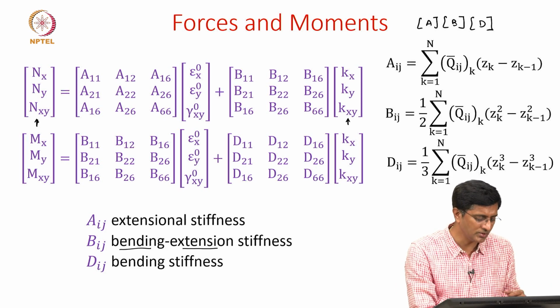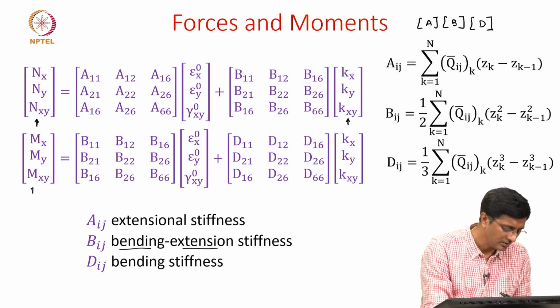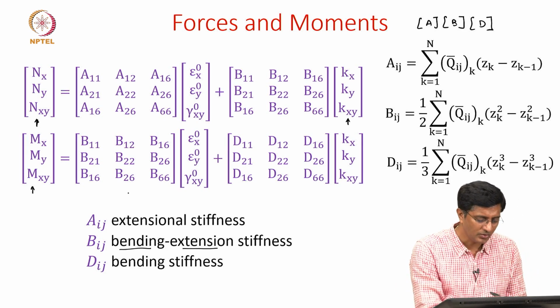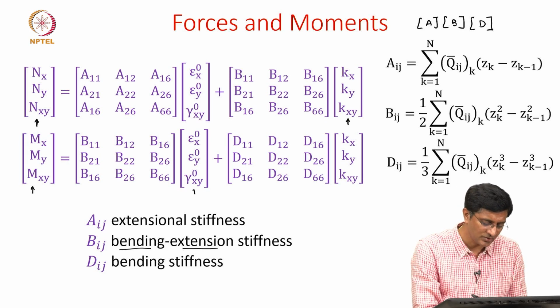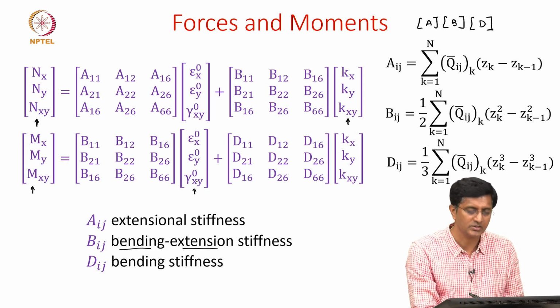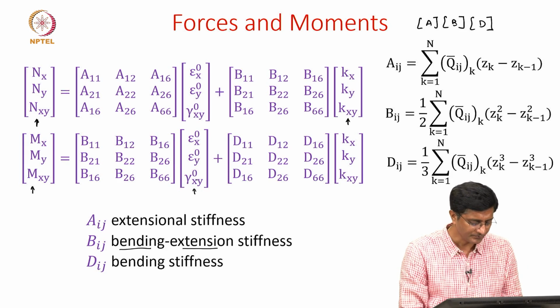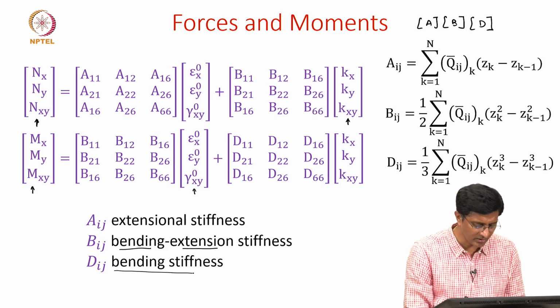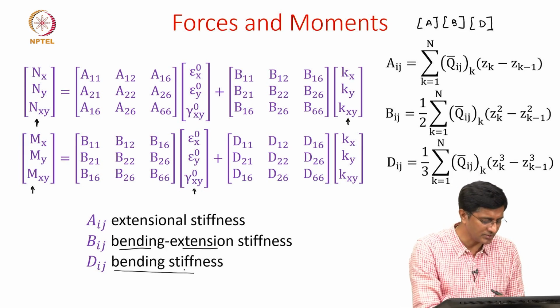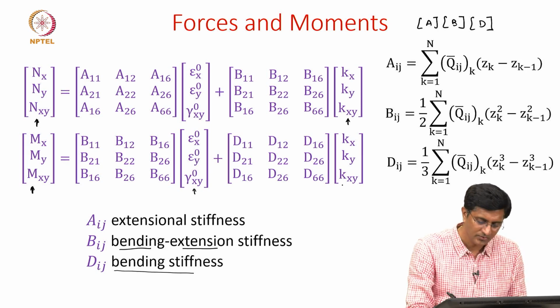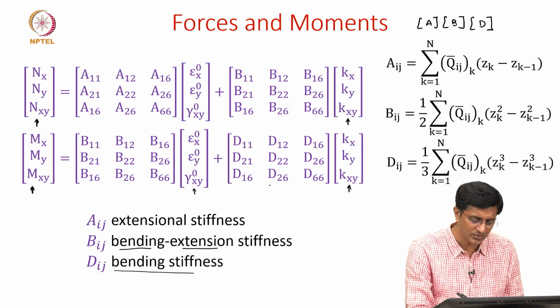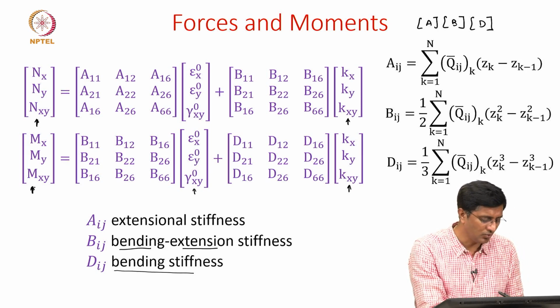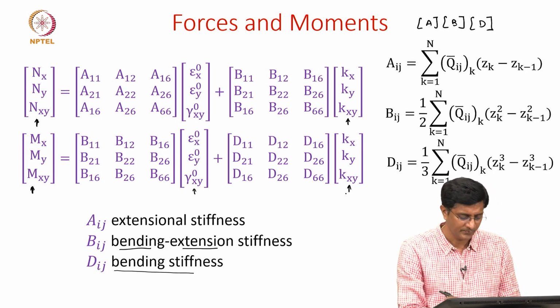In the second equation, it is connecting the moments, which capture the bending, to the extensions, which are captured through the mid surface strains. And lastly, the D matrix is the bending stiffness matrix because it connects the moments with the curvatures. So as you can see, D connects the moments with the curvatures.